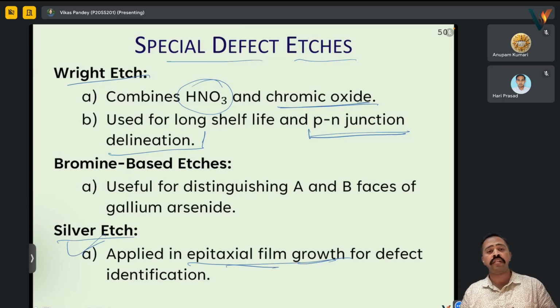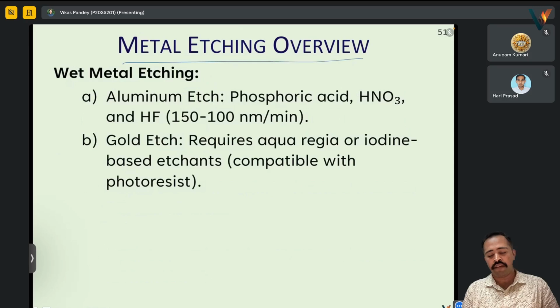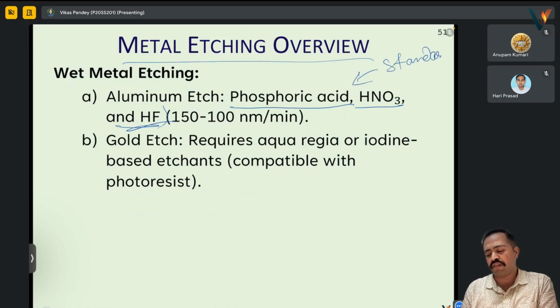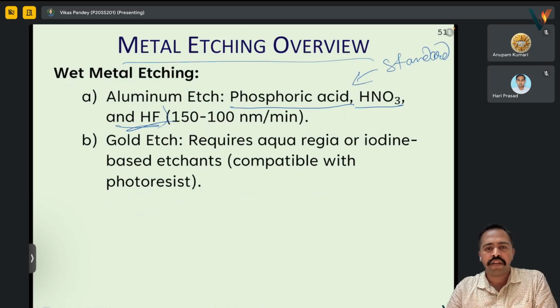Then comes metal etching, which you were asking about. Aluminum etching is done using simple phosphoric acid, HNO3, and HF combination, or separately also. This combo is actually standard.